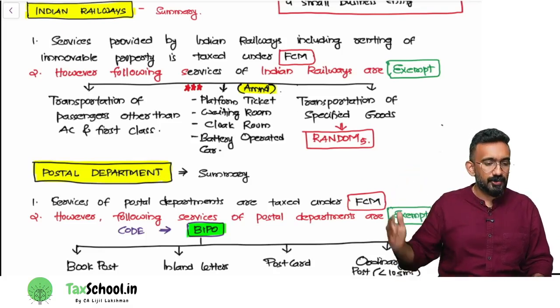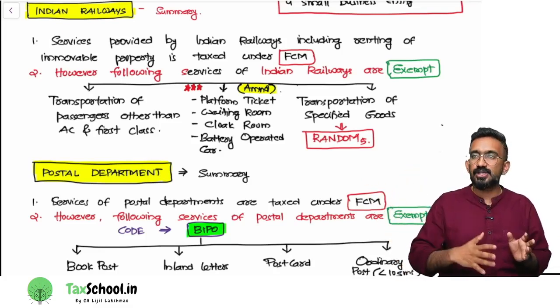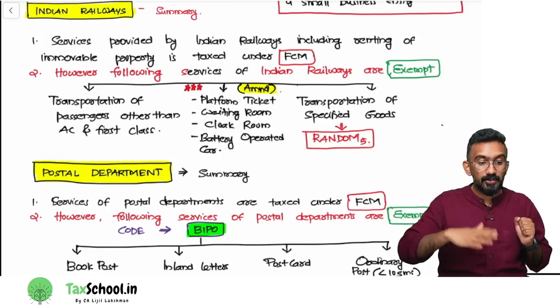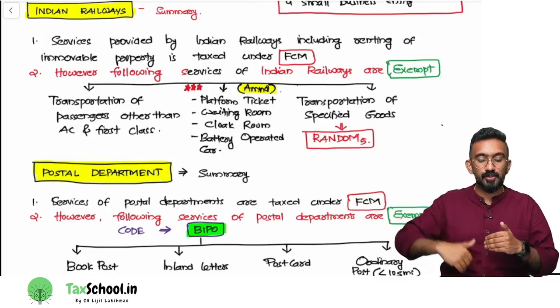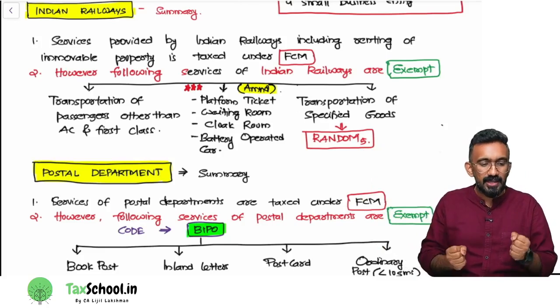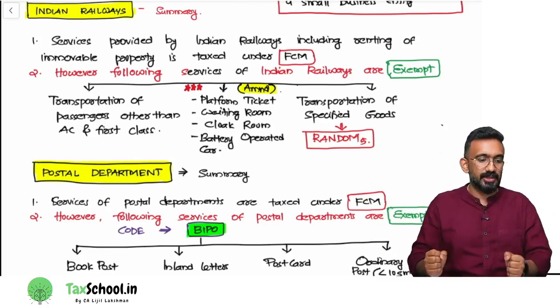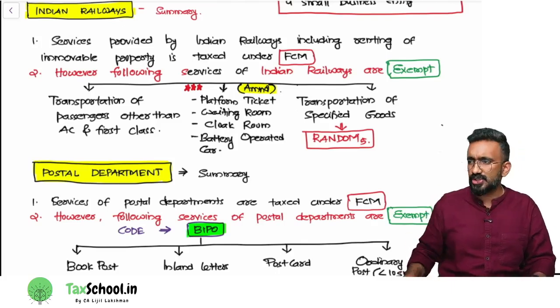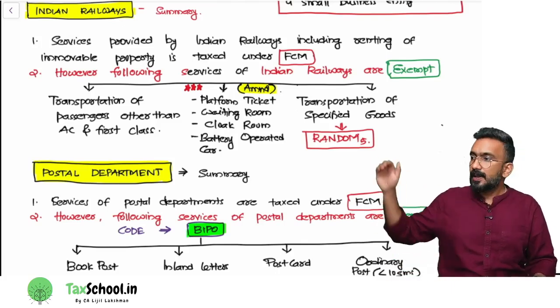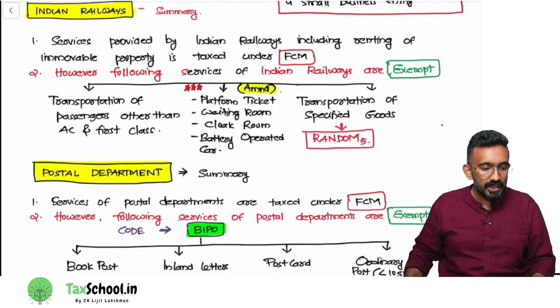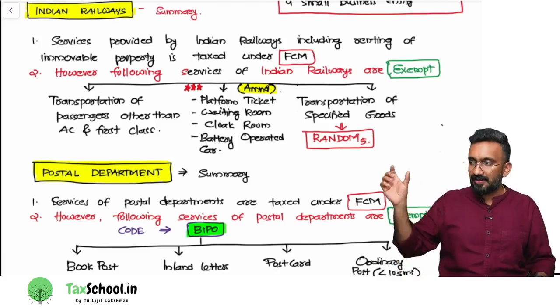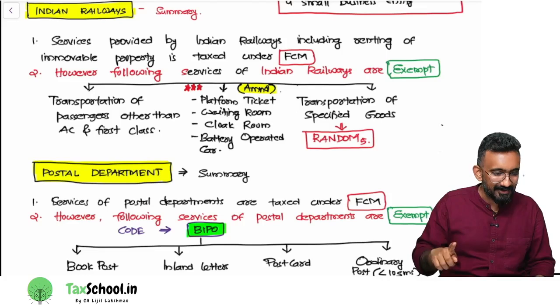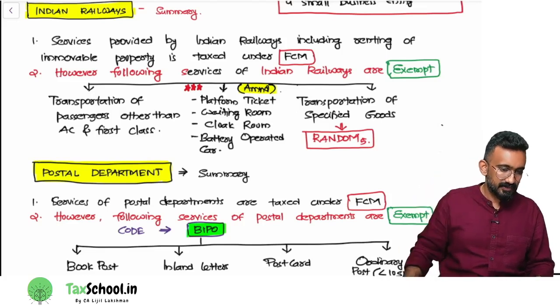Battery operated car: if you go to Chennai Central Station, from one platform to another, you have this small golf cart kind of car where you can keep your luggage and travel. Some 100 or 150 rupees they charge. That would also be exempt. In transportation also, in Indian Railway, if you transport random 5, I already taught you what is random 5, that is also exempted.